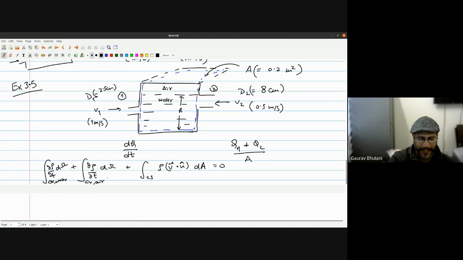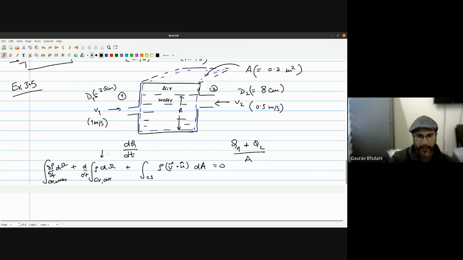Now for the CV air, I don't even need to write it. I can keep the d by dt term outside for ease. What this is telling us is the mass of air inside the control volume.